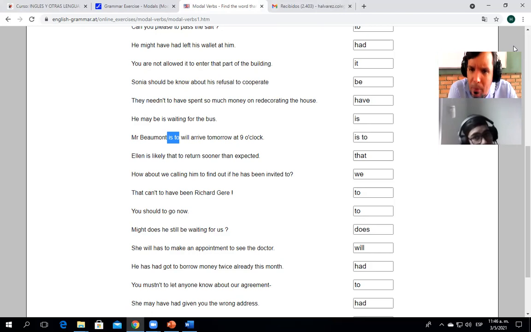Listen, that is normal. That even happens in Spanish. When you're speaking Spanish, sometimes you make pauses. You stop for thinking about something. What is important here is to know when to stop. If you need to stop, you stop and think. You have to give your own personality to your English.